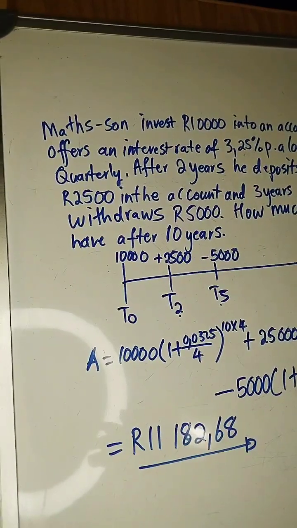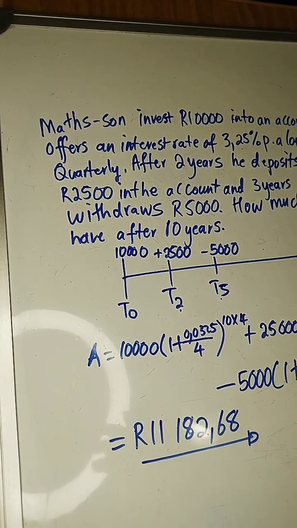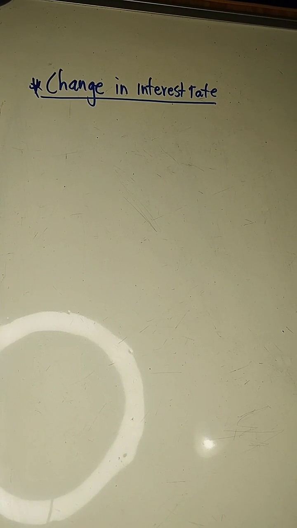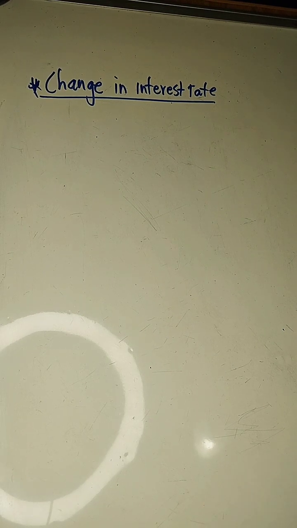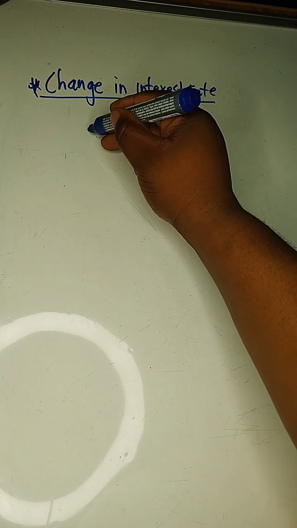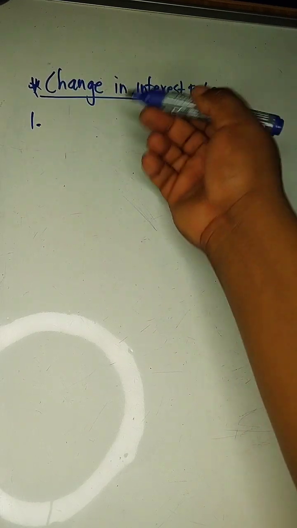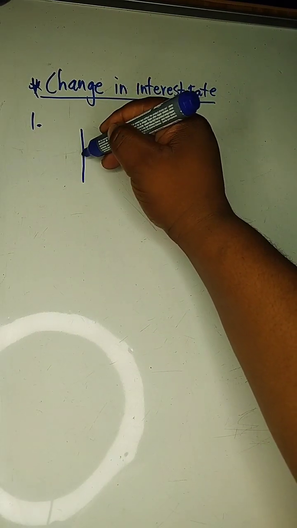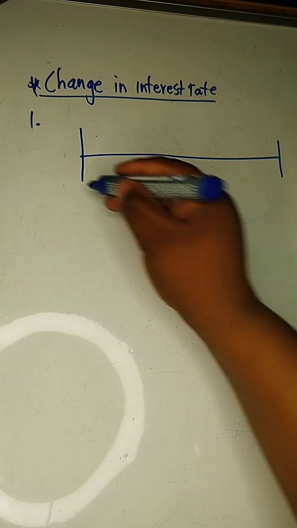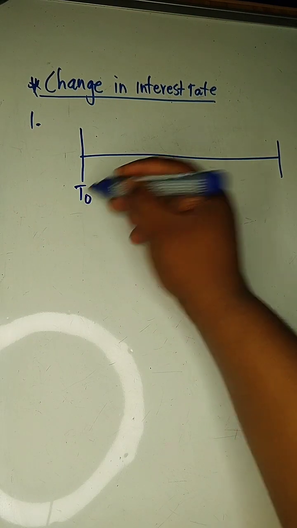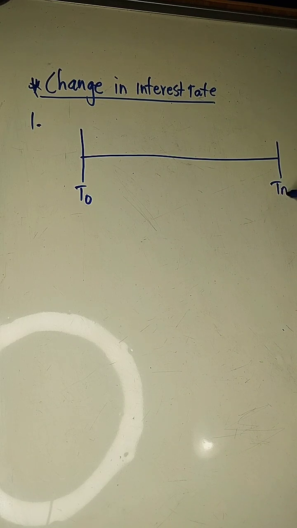Let's deal with change in interest rate. Whenever we are dealing with change in interest rate, we are checking a few things. For example, the general one, which is the first one. This is our timeline, so this is T0 and then this is Tn.